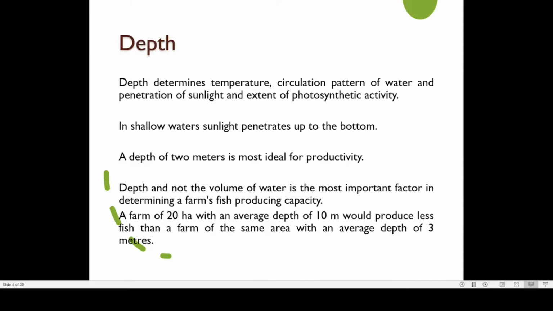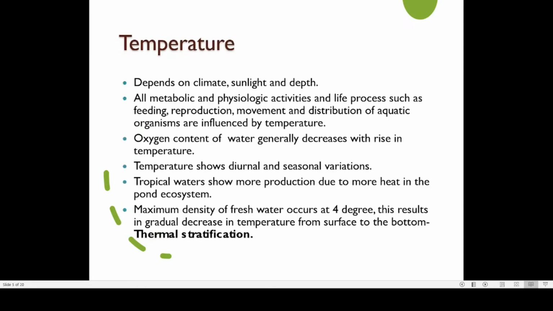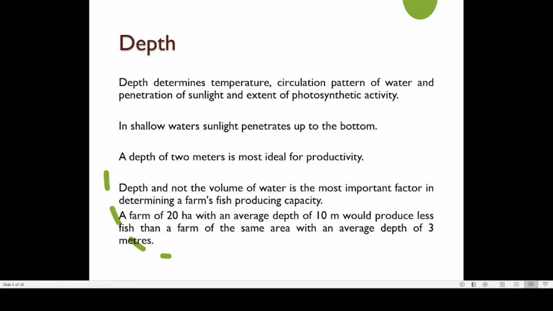But if the pond is 40 or 50 meters deep, the sunlight may not be able to reach the lower level properly. So how much sunlight reaches the various levels of water is controlled by depth. The deeper the pond, the lesser the sunlight reaching the lower layers of water. These are the three important factors controlled by depth.